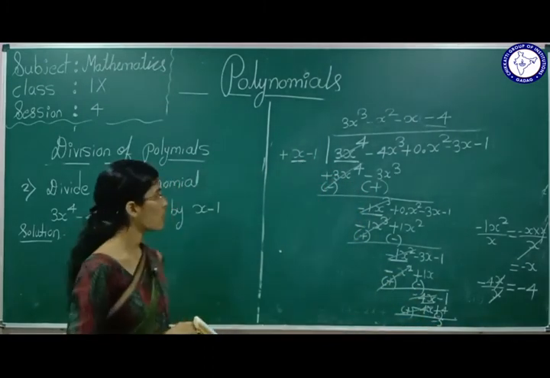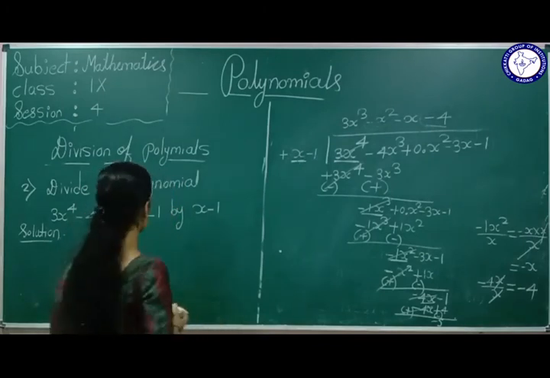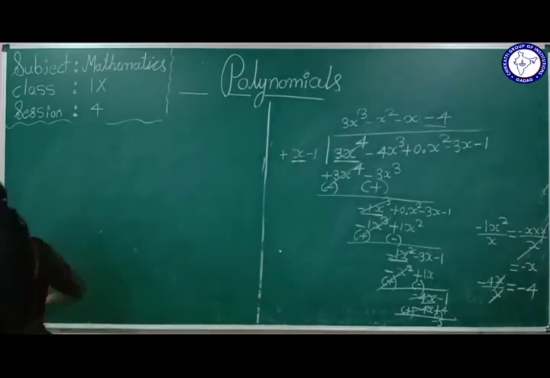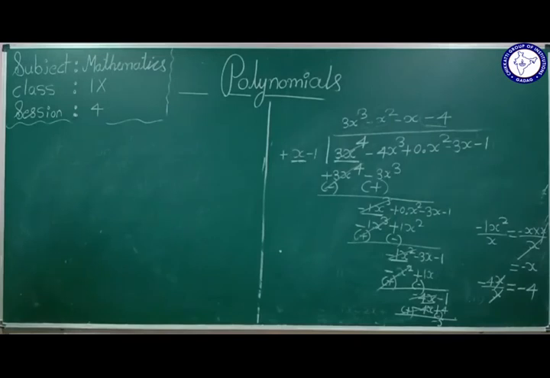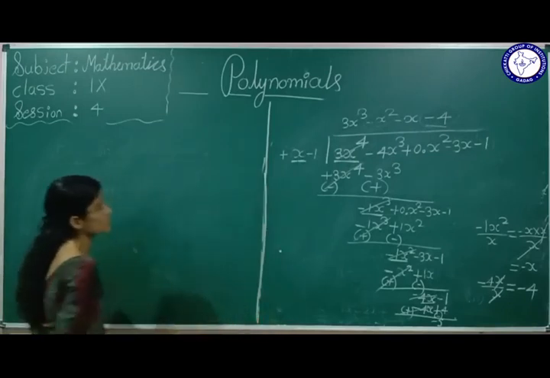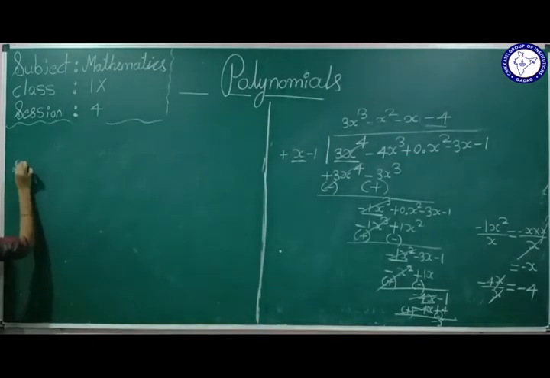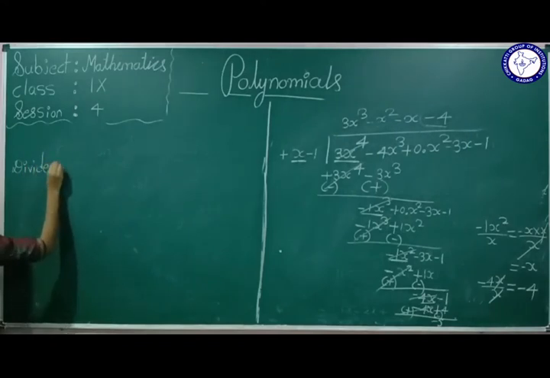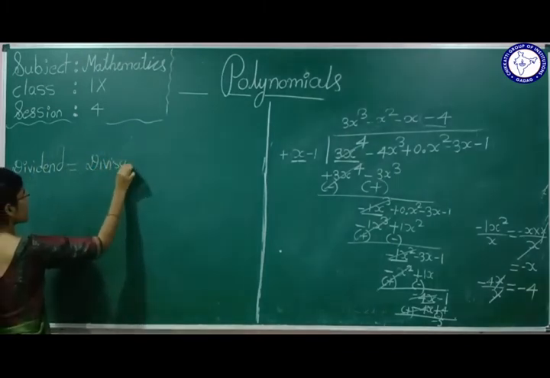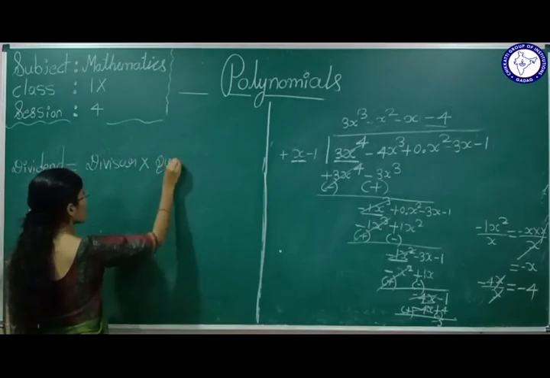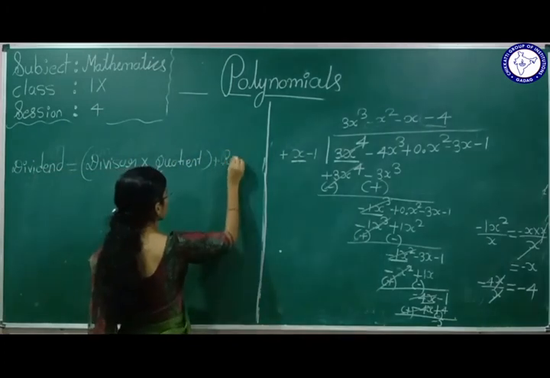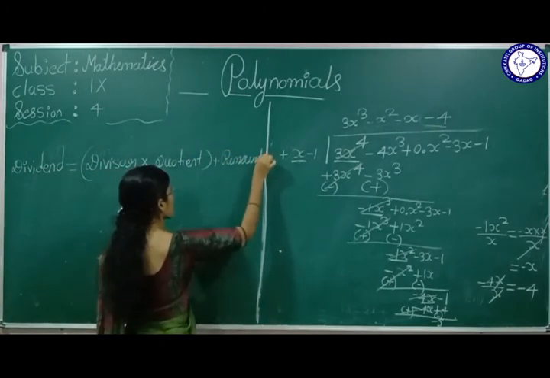Okay. Now what will we do? Whatever we have done, is it correct? We will check that. So that is, dividend is equal to divisor into quotient plus remainder.